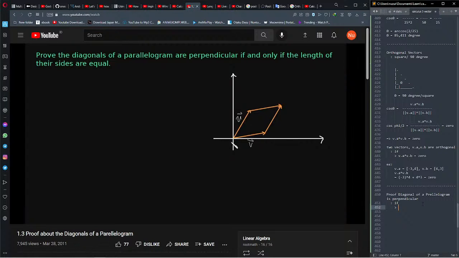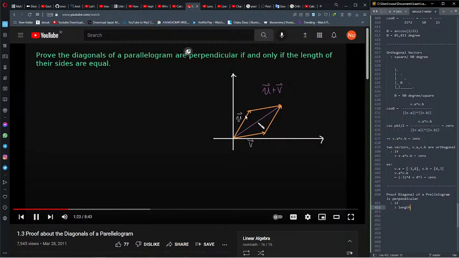And now we know how to create the diagonals, right? If we do head to tail addition, we can get this main diagonal, and we know that that's u plus v. And then how do we get the other diagonal?